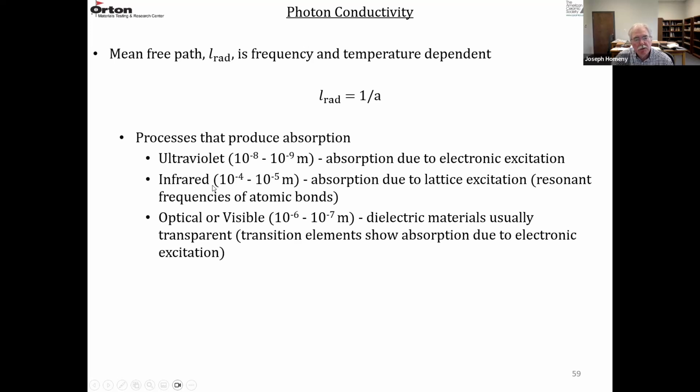In the infrared region, absorption is due to lattice excitation, which has to do with the resonant frequencies of the atomic bonds. And in the optical or visible region, dielectric materials like ceramics or refractories are usually transparent to the radiation, so there's no absorption. Sometimes if you have transition elements present, you may have some absorption due to electronic excitation.